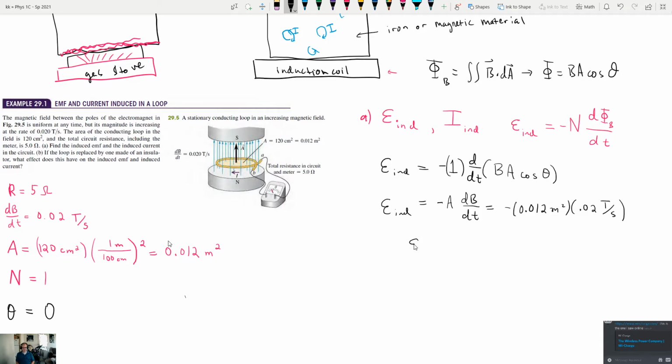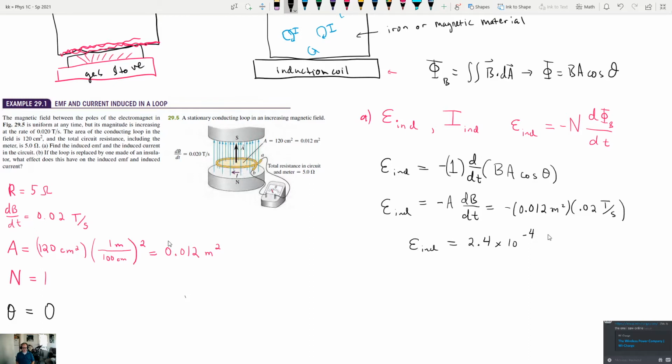So we get an EMF that's induced in the wire of, it looks like, 2.4 times 10 to the negative, let's see, negative 4.